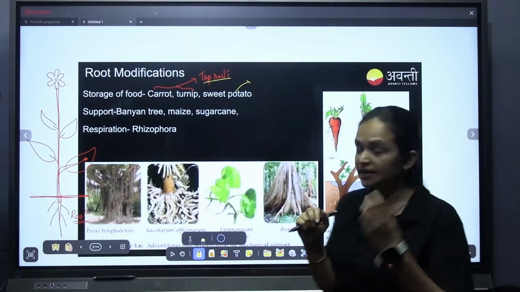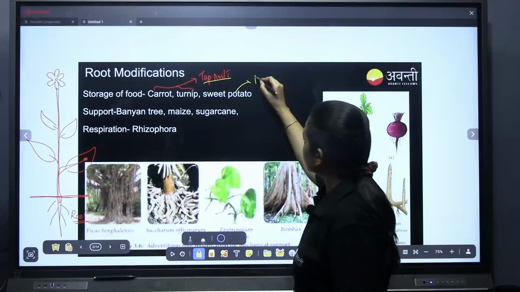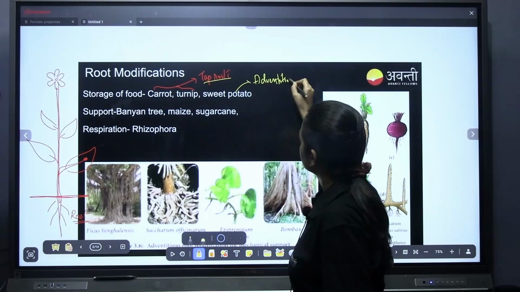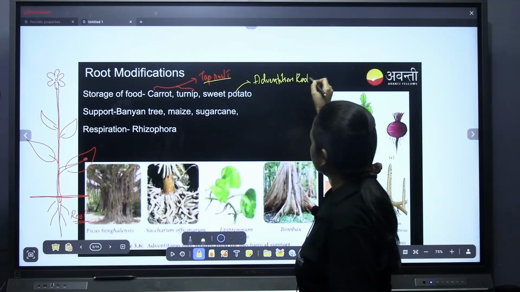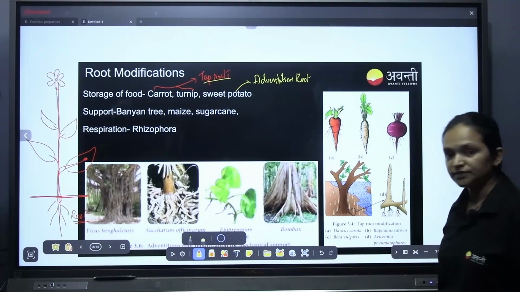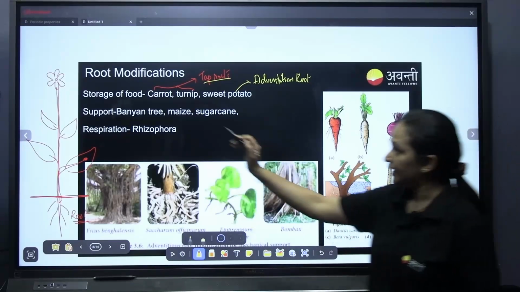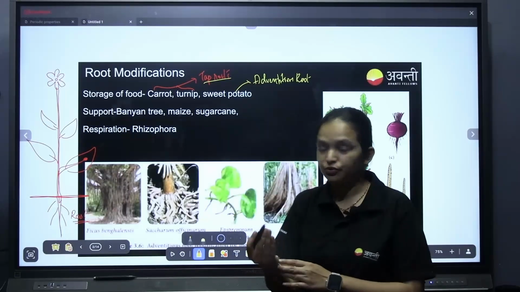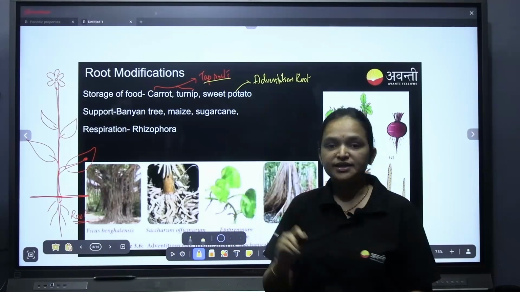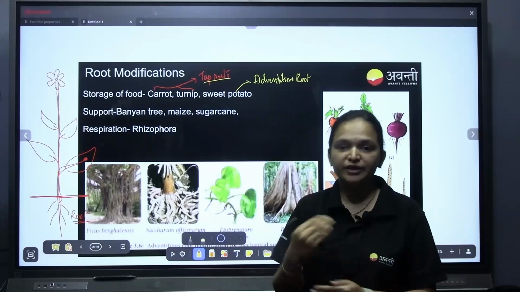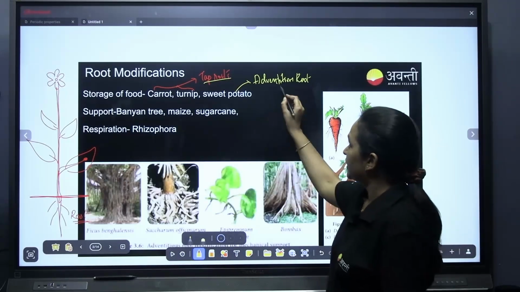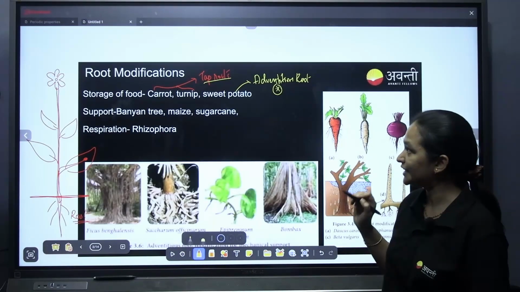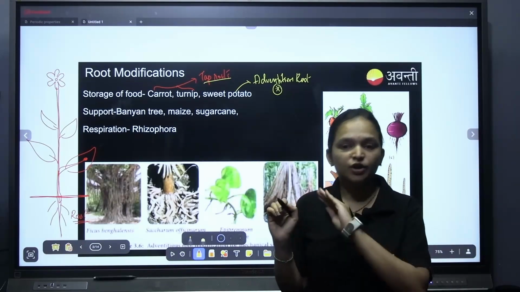In sweet potato, it is the adventitious root that is storing food. Understood? In case of carrot and turnip, it is taproot which is modified to store food. In case of sweet potato, it is adventitious root which is modified to store food. This has been a previous year question, so please note it down. In sweet potato, it is adventitious root, not the taproot.